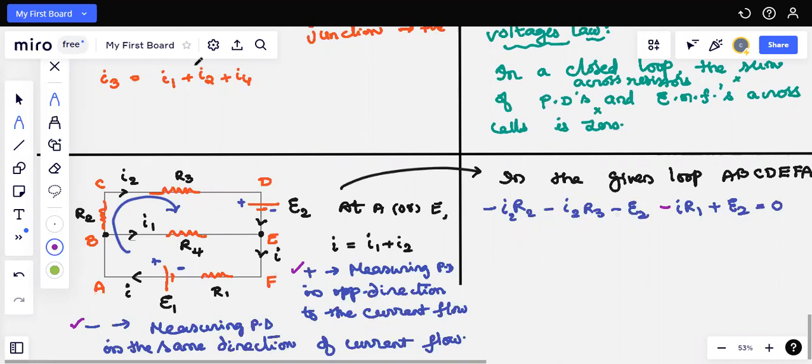Suppose you want to write the EMFs and the PDs separately, then you can write the same equation, keeping a few things on the left hand side and a few other things on the right hand side.